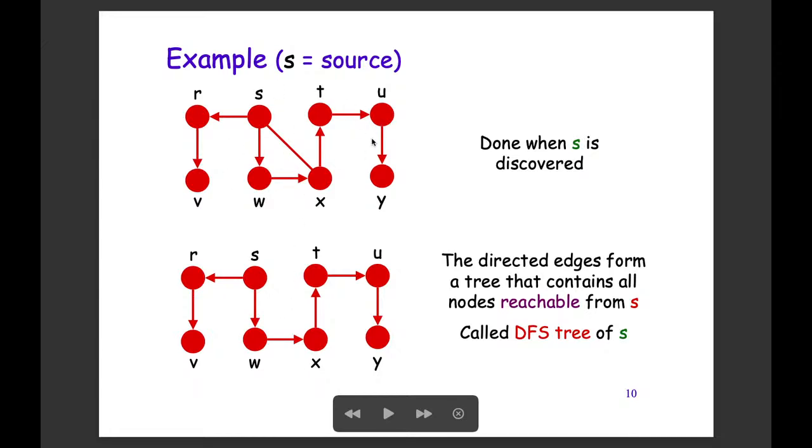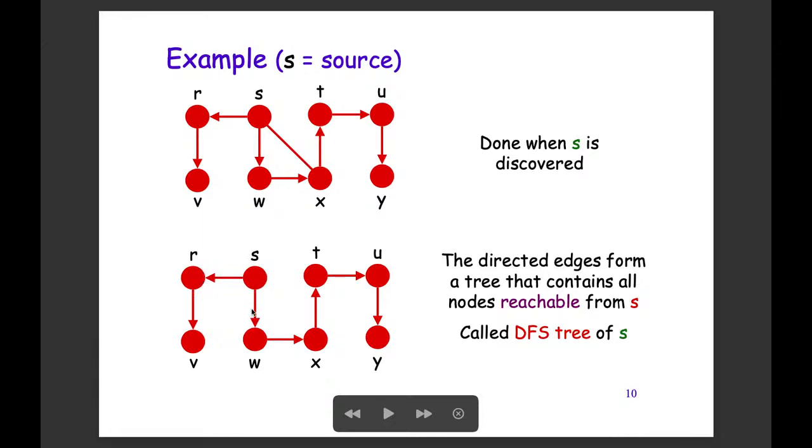When the whole process is done, we can also see that by keeping all the directed edges that we are using during the algorithm, this should form a tree rooted at S. Because we can see that everything will be linked to S eventually, and every node will have exactly one arrow pointing into it, except the root node, of course.